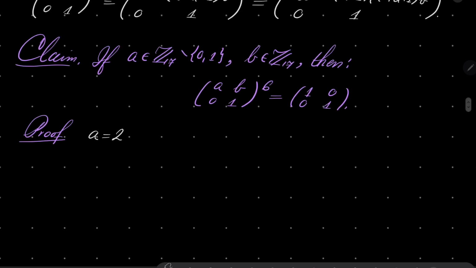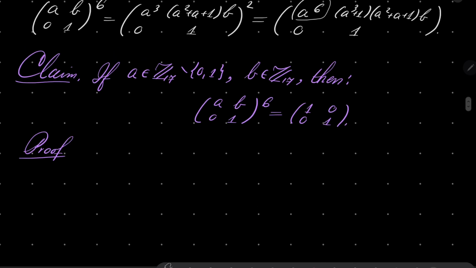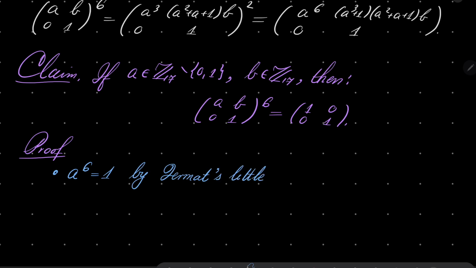What happens when A equals 2? First of all, let's notice that A to the 6th power is always 1 because of Fermat's little theorem, because we are taking congruence modulo 7. But what about this term?